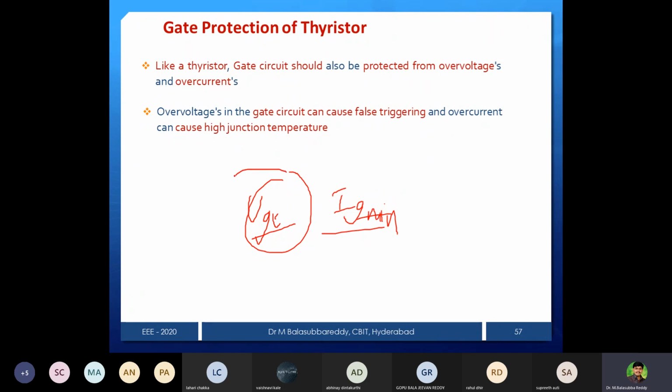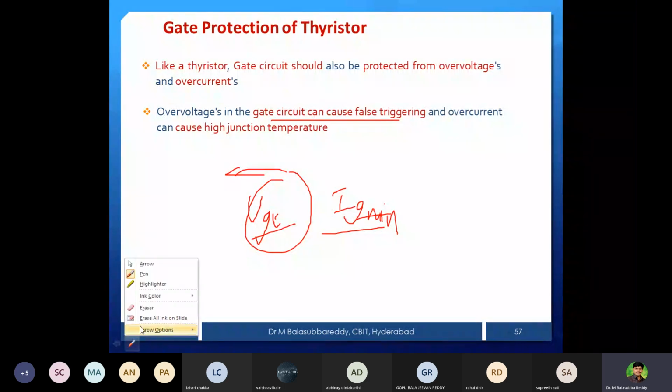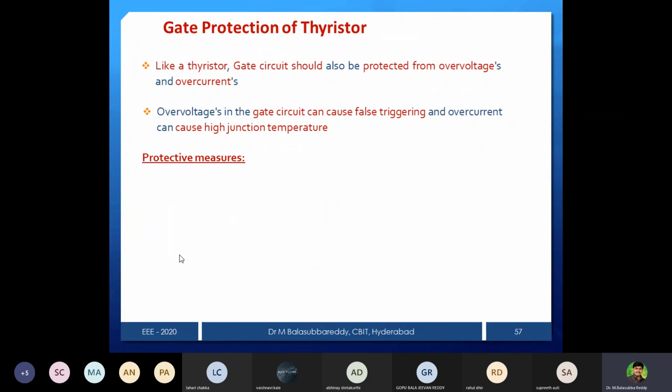But if this is high, beyond VGT, automatically the device will trigger, which is unwanted. That is the problem. If you are not able to minimize that, then automatically a false triggering is going to happen. If you pass current or voltage beyond the specified, automatically the device is going to trigger. That is the problem.